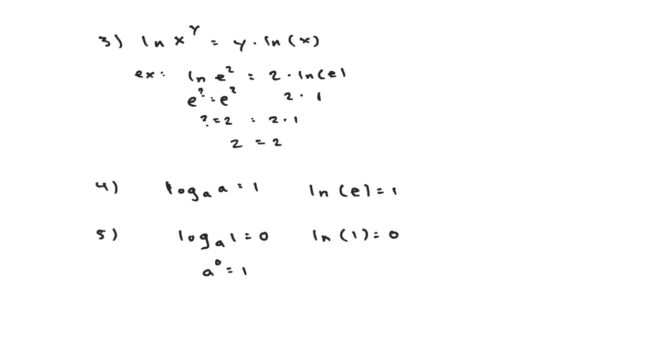Okay, so these fundamental properties will be helpful when discussing how to take derivatives of functions that involve logarithms. Sometimes these properties will simplify the functions that we're looking at in a way that makes it easier to take the derivatives.